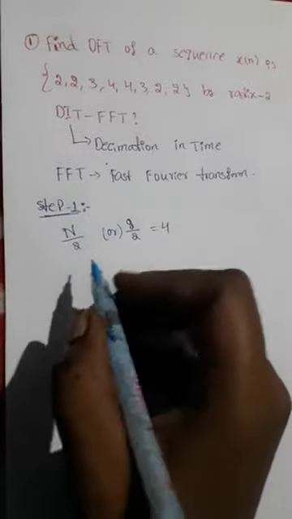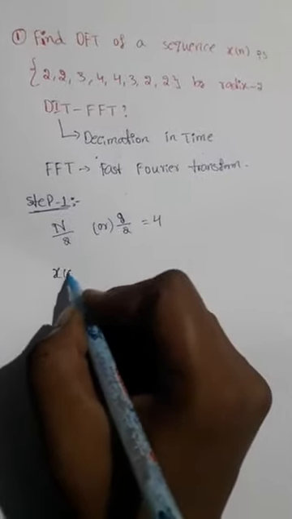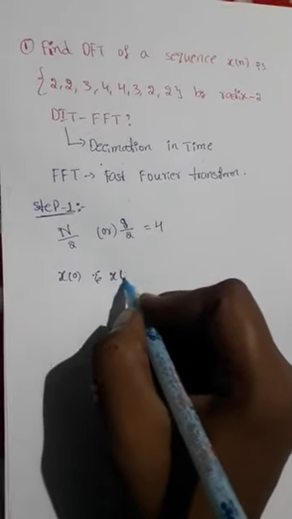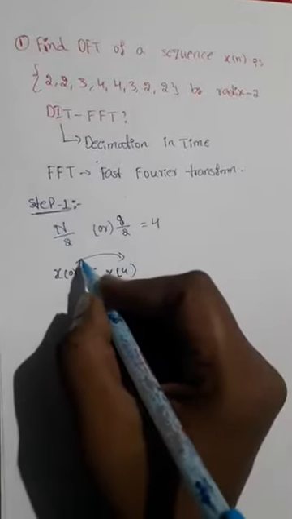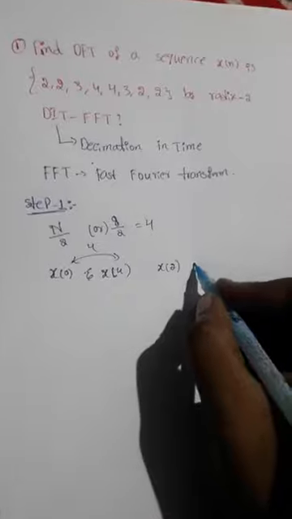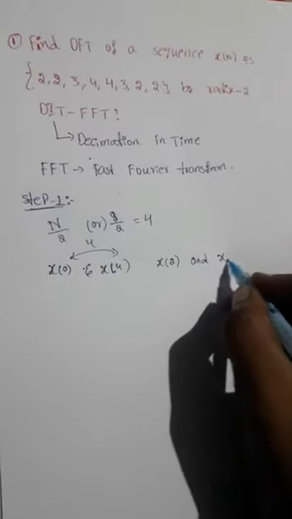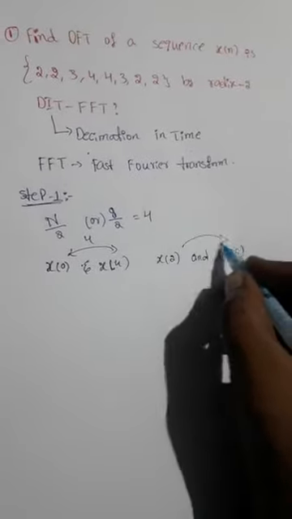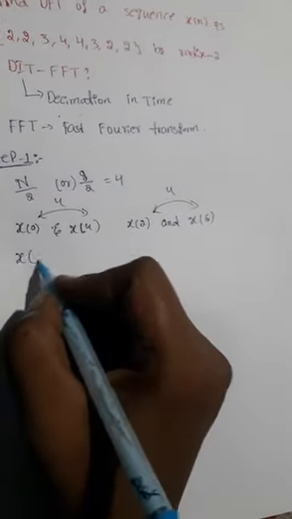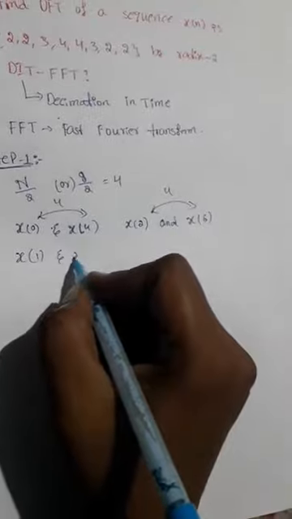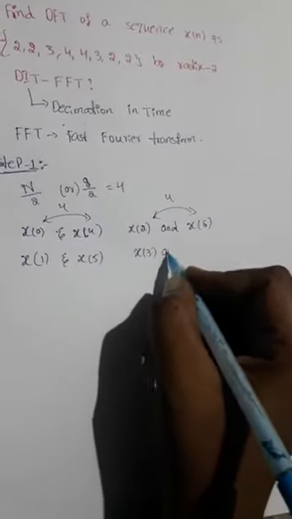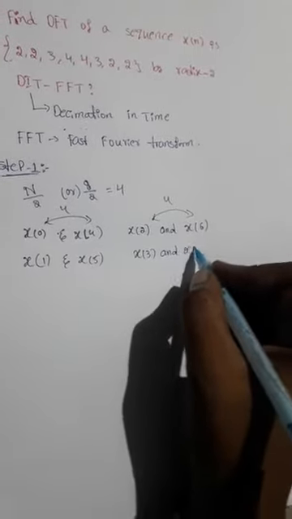Each pair has a difference of 4: x of 0 and x of 4, x of 2 and x of 6, x of 1 and x of 5, x of 3 and x of 7.